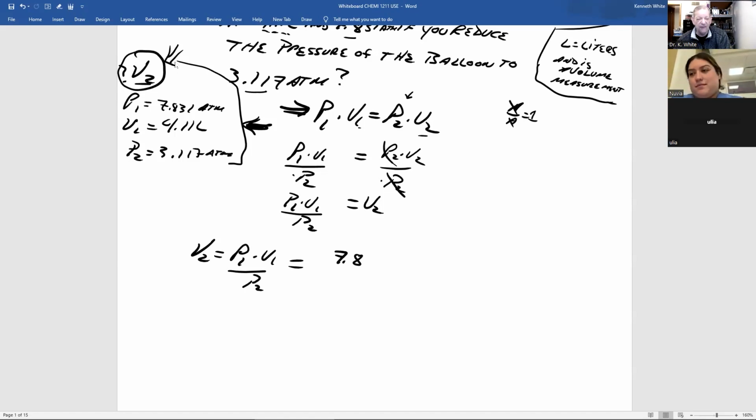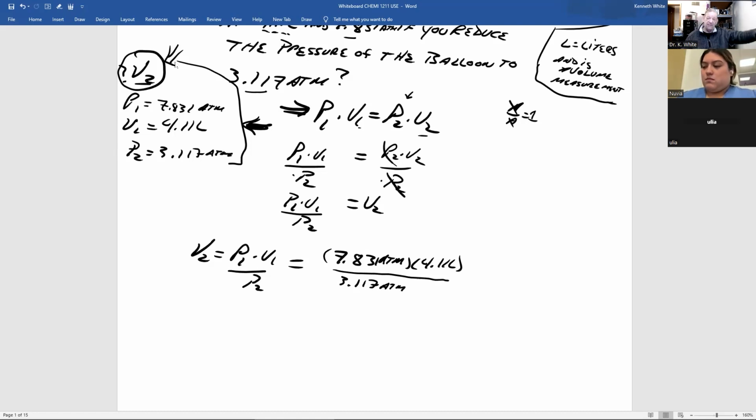P1 is 7.831 atmospheres. V1 is 4.11 liters. And then P2, the final pressure, is 3.117 atmospheres.